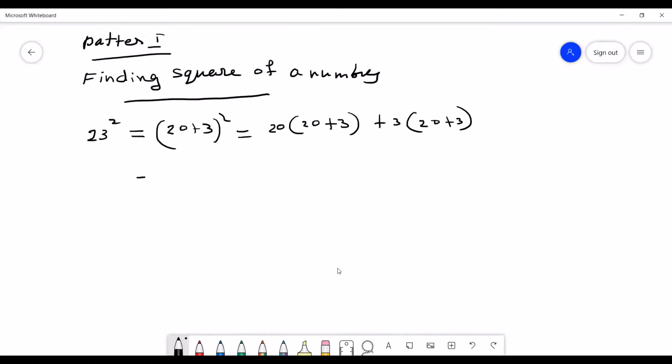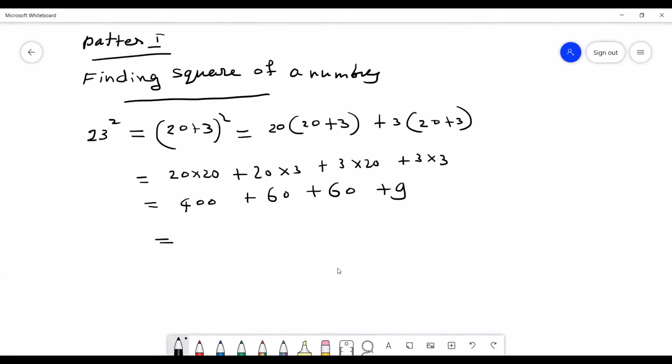So let us multiply: 20 into 20 plus 20 into 3 plus 3 into 20 plus 3 into 3. In this way we will get 400 plus 60 plus 60 plus 9. So 60 plus 60 is 120, and 400 plus 120 is 520, plus 9 means 529. So this is the square of 23.